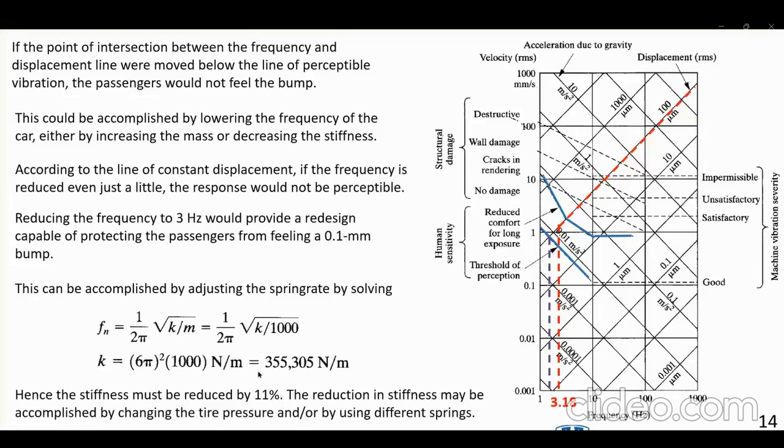And so by reducing the stiffness by 11%, you come up with a benefit that once the car hits that bump, the passenger will not even perceive the oscillation. Okay.